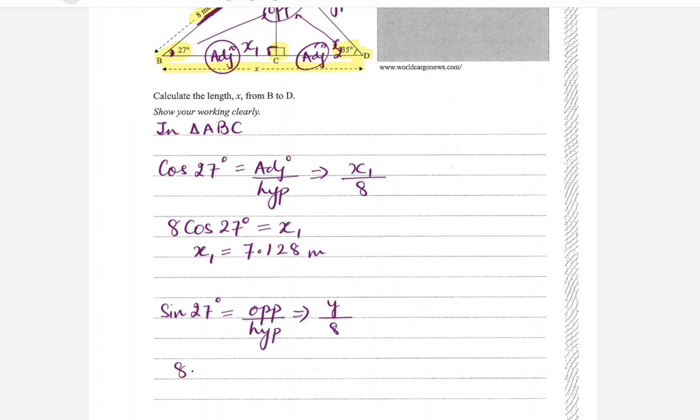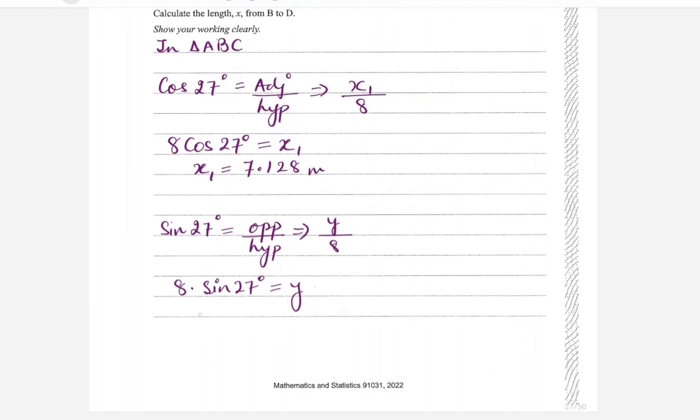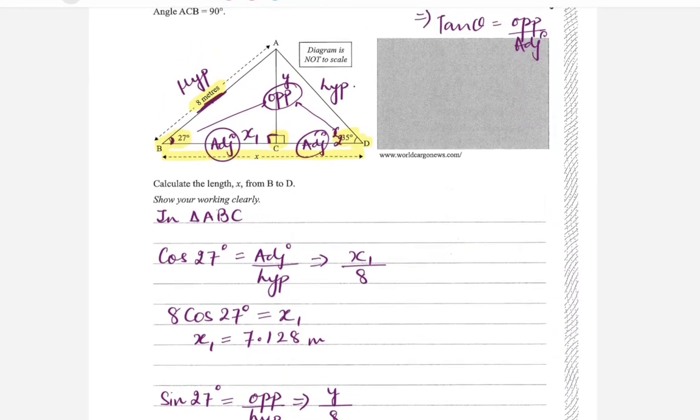So that is going to be 8 times sine 27 degrees is equal to y. If you put that into the calculator, you will get the value of y, which is 3.632 meters.